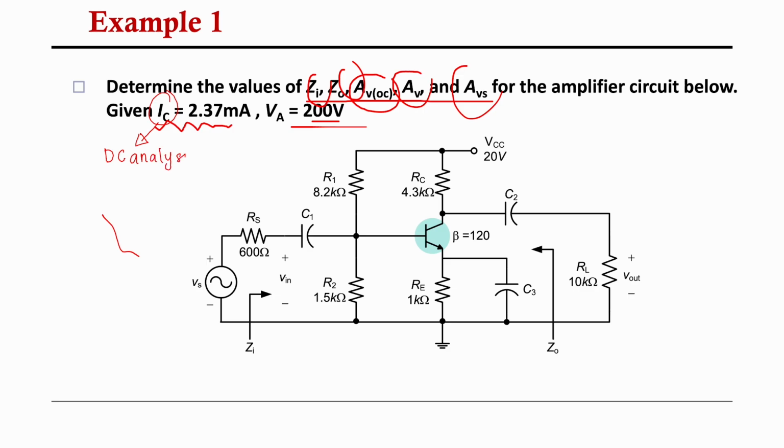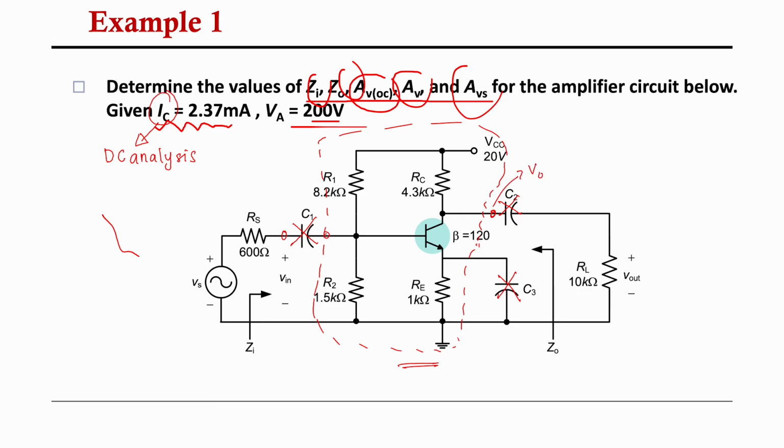To do the DC analysis from this circuit, you have to remove the capacitors, making them open circuits. There is going to be no capacitor C1, no capacitor C2, and no capacitor C3. So it will leave only this part, and your V out will be here.